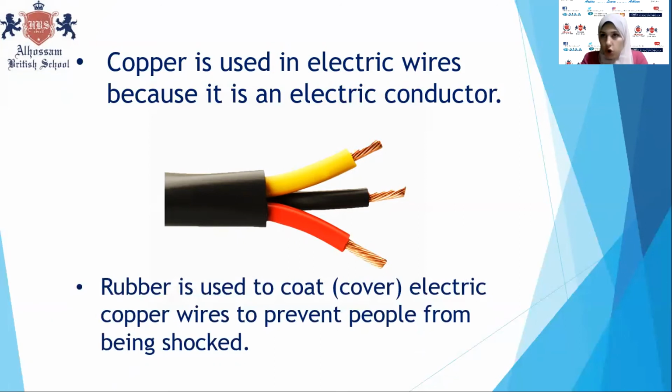So we put an electric insulator around the copper to prevent you from being shocked. So rubber is used to coat the electric copper wires to prevent people from being shocked. You got it now?